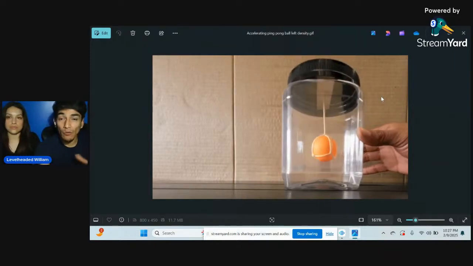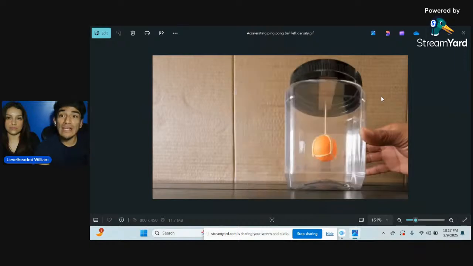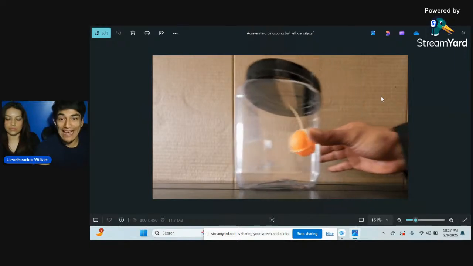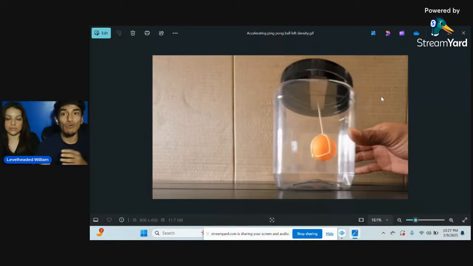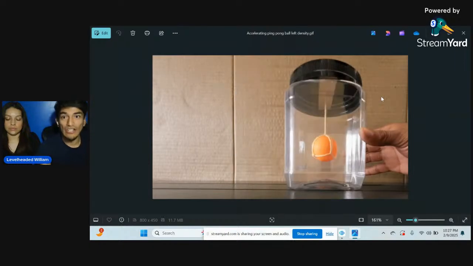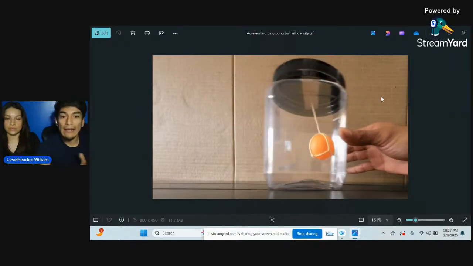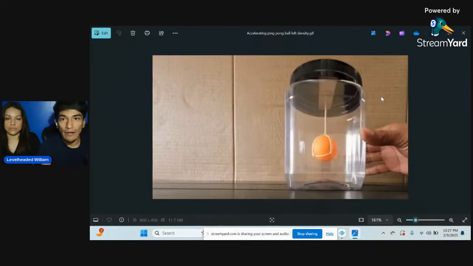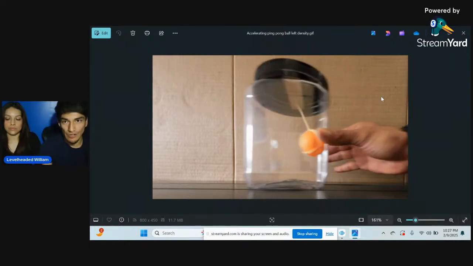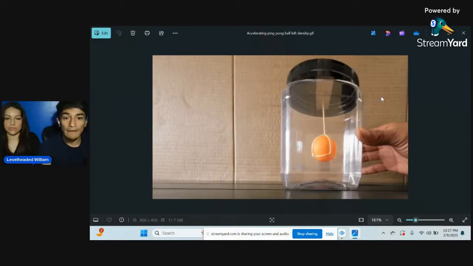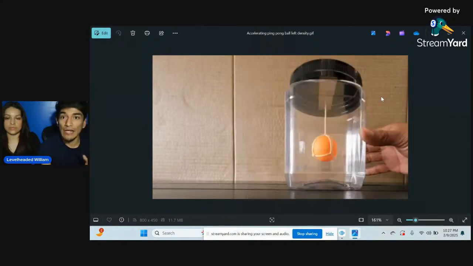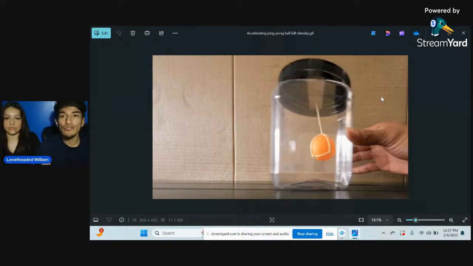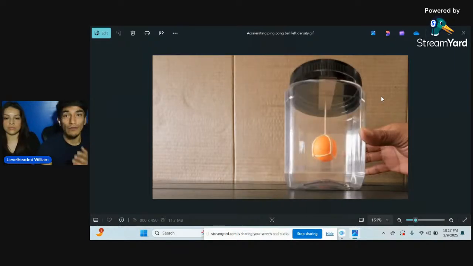So when I apply a force, it appears to swing in the opposite direction of the force. But the fact is that ping pong ball never moved towards the back of the container. We understand that it's the container that moved towards the ping pong ball. Again, the container's motion creates a pressure gradient with the air, but the air is not dense enough to push the ping pong ball. Therefore, the resistance due to inertia of the ping pong ball is greater than the force of the air pushing on it. So it only appears to move in the opposite direction of the force.